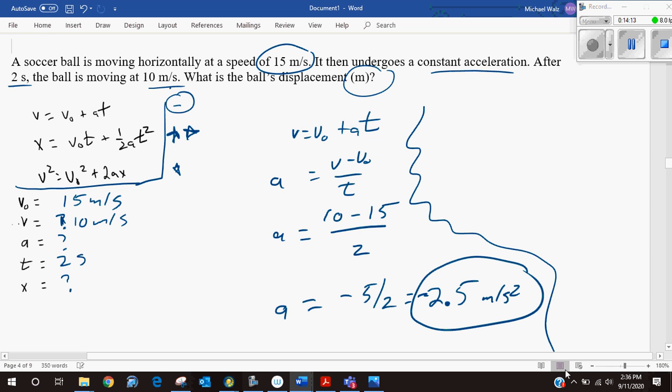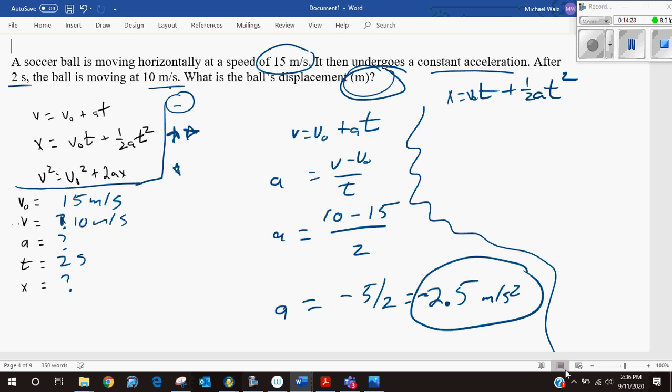Okay, so now we have our acceleration. I'm going to just plug it into this formula so we can solve for what we're originally going for, our displacement. X is v naught t plus 1/2 at squared. So we got 15 times 2 plus 1/2 negative 2.5.